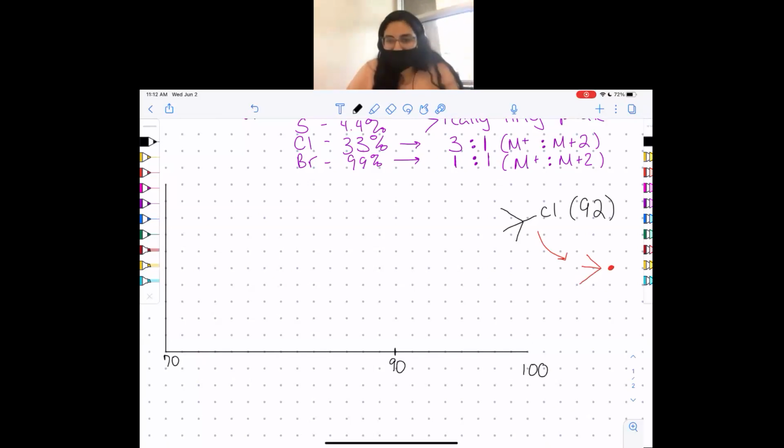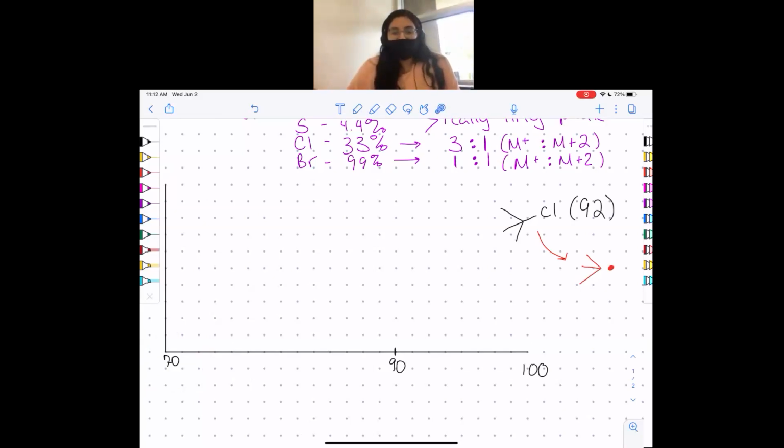Usually it'll be smaller, like 0 to 100, but I want to make it bigger so you guys can see. Just because I started with 70, don't assume it always starts there. That's my disclaimer.